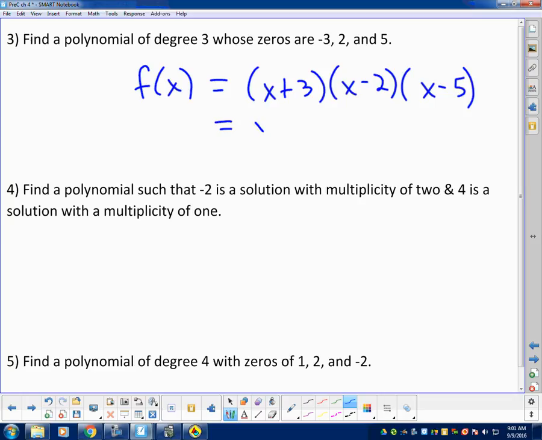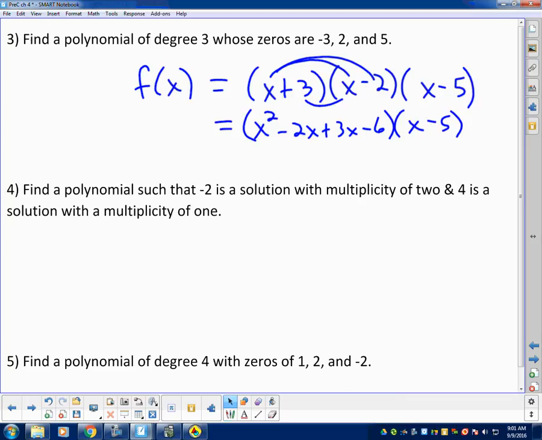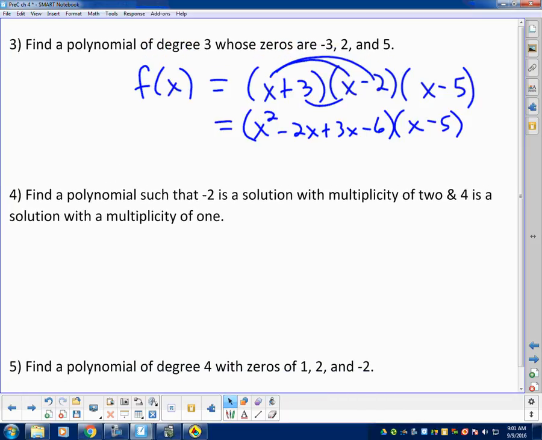So here we have x squared minus 2x plus 3x minus 6. We're going to simplify that, then multiply it by x minus 5. Oops, that's not going to work. So right here I have x squared plus x minus 6 times x minus 5.